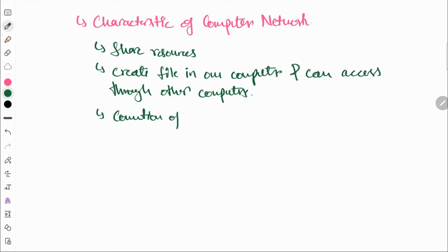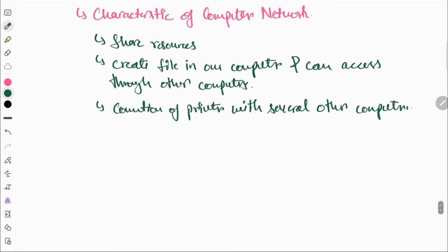Connection of a printer with several other computers.